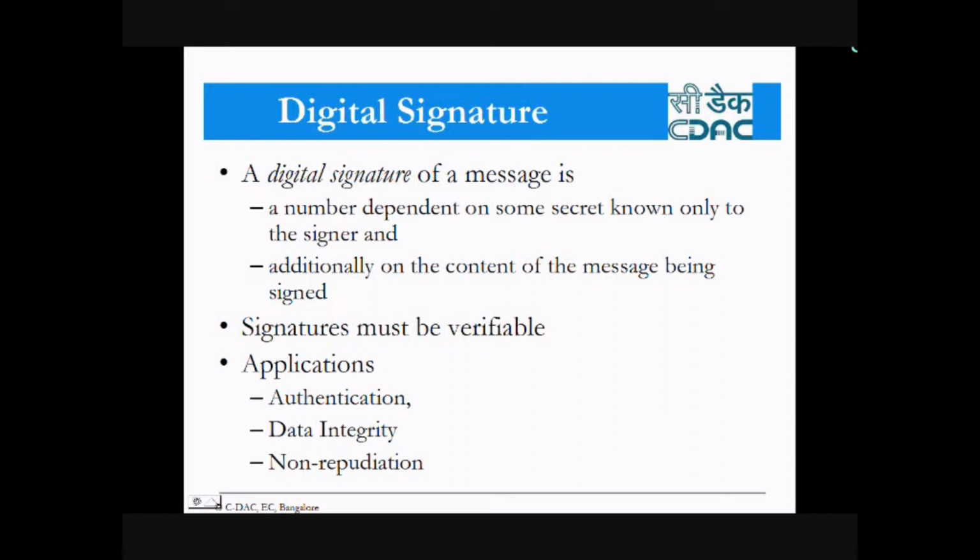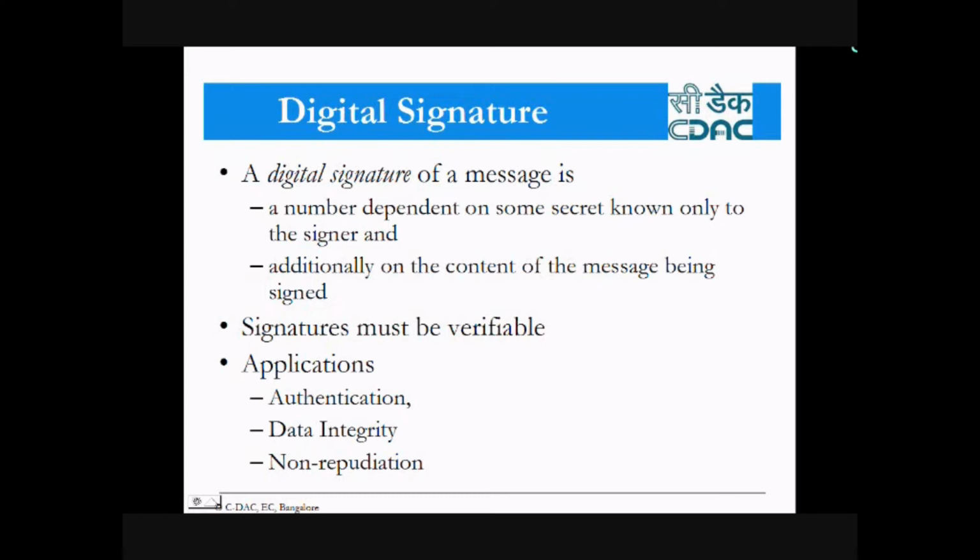So in the paper-based world, the content is not tied to the signature. Whatever is written on the top of it, it is basically assumed that if one person signs it, he is agreeing to the content which is being written above it. But there can be a possibility that someone can make some changes to the content, even small minor changes.